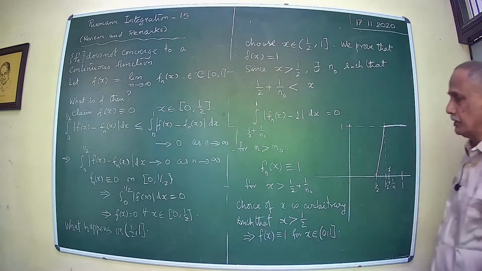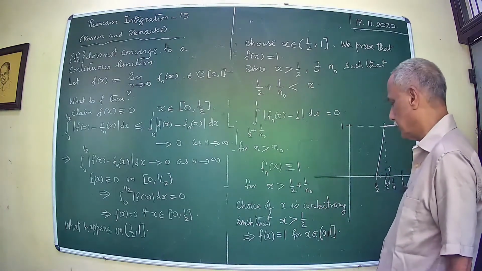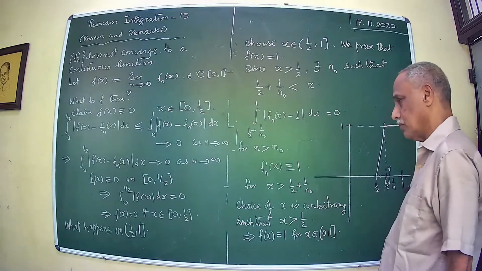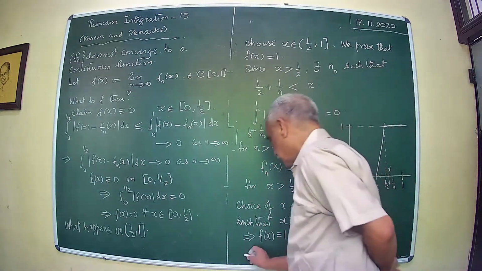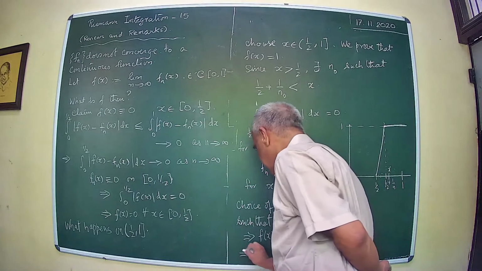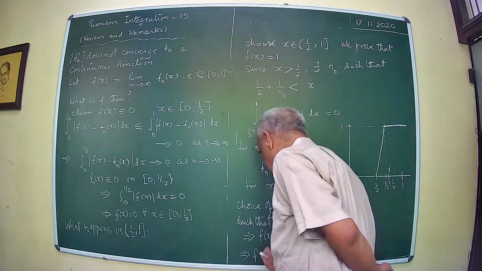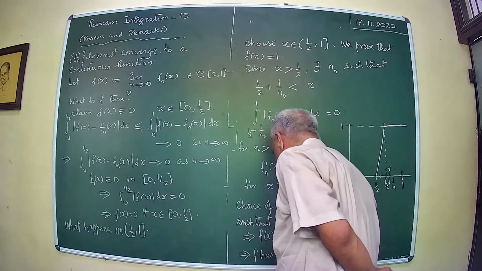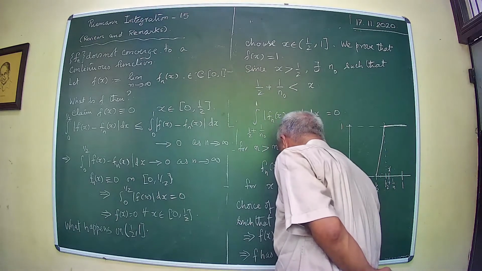We have proved that f(x) is identically equal to 0 on this part, and f(x) is identically equal to 1 on this part. Therefore, f has a jump discontinuity.